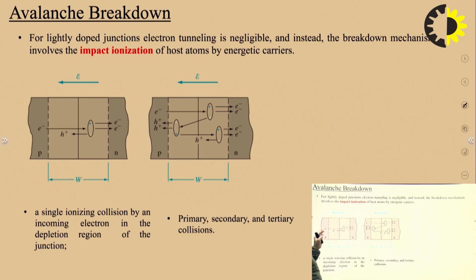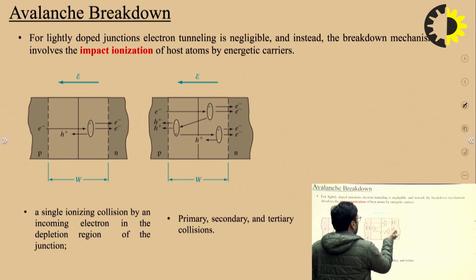So just correlate this: when the electron strikes an ion, we have a new ion and a second electron, and when these two electrons strike other immobile charge carriers, we again have a total of 4 electrons.